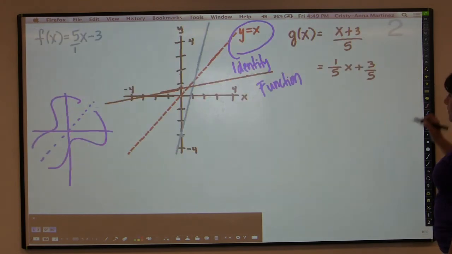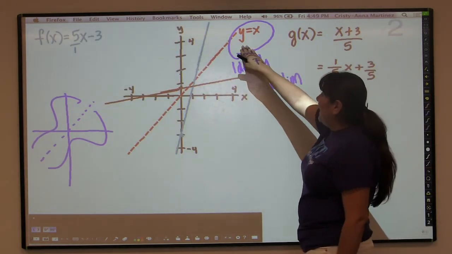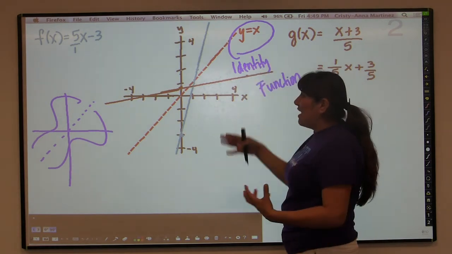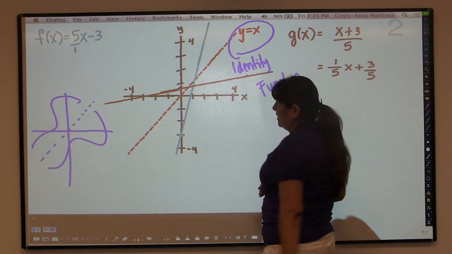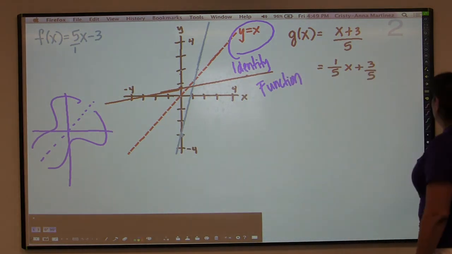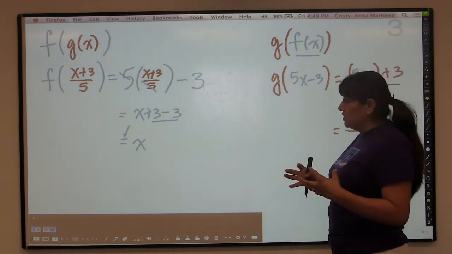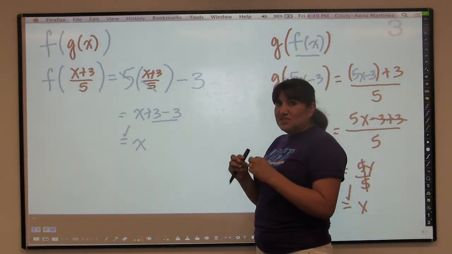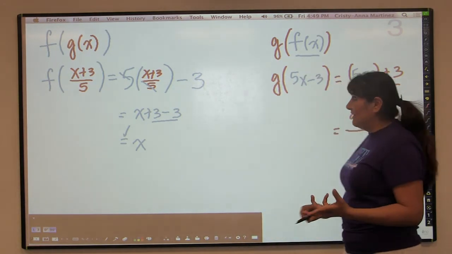Because the x and y are interchanged, we have this identity function, y equals x, and when we graph the two functions, they are mirror images along this line, y equals x. And then, of course, we can do composition of the two inverse functions, and when we do that, the functions cancel themselves out, and you're left with just x, because x is the identity function.